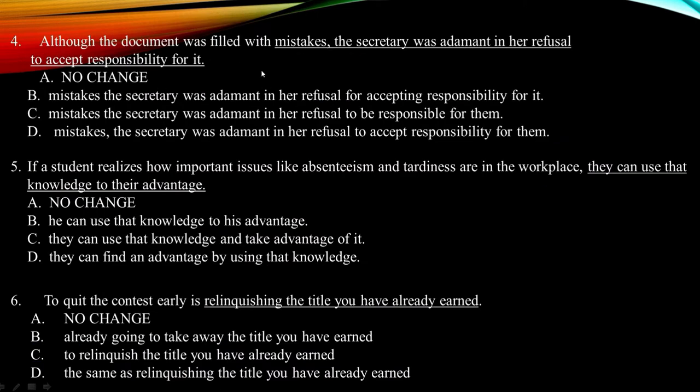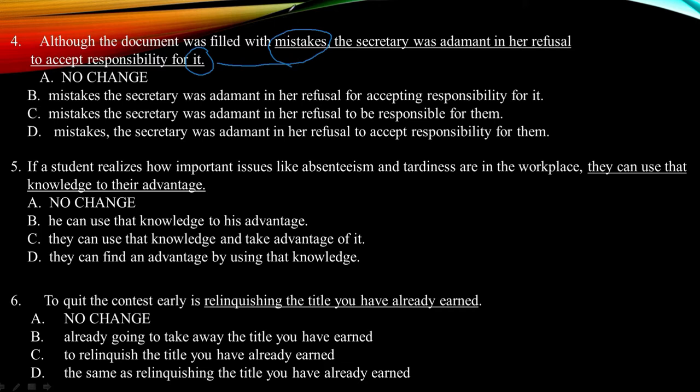Although the document was filled with mistakes, the secretary was adamant in her refusal to accept responsibility for it. All right, remember what I just said? Every time that you see a pronoun, you have to go look for the antecedent. So what is this it that they're talking about? It says, although the document was filled with mistakes, the secretary was adamant in her refusal to accept responsibility for the mistakes.